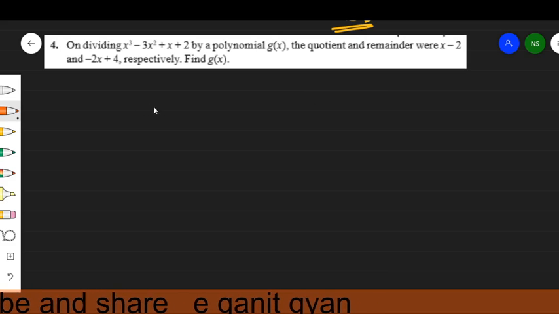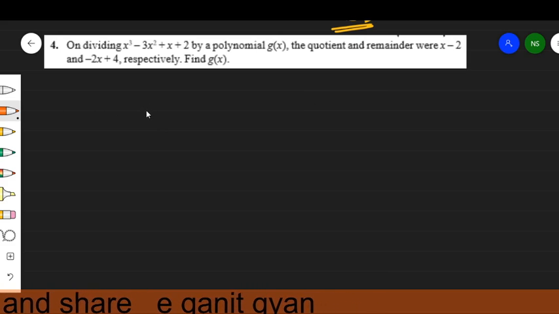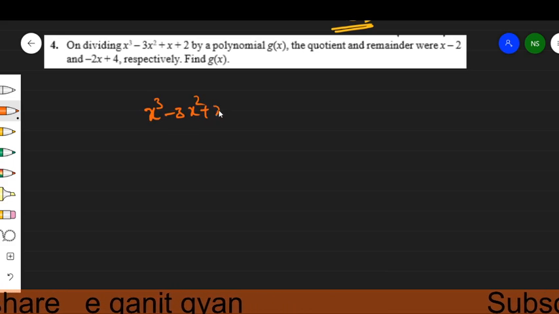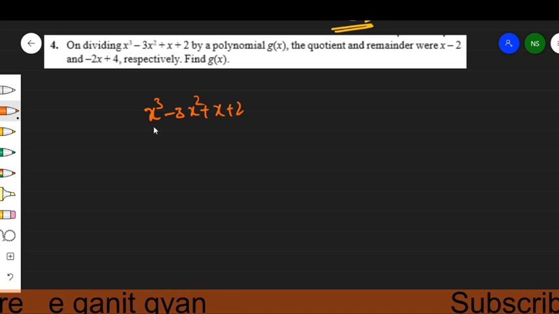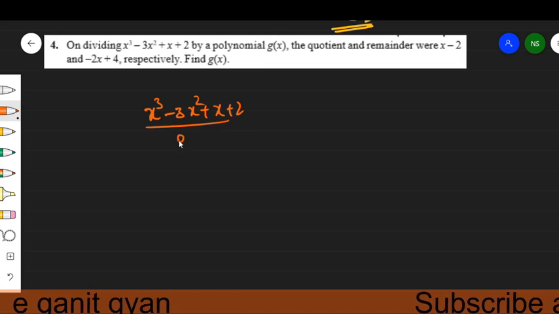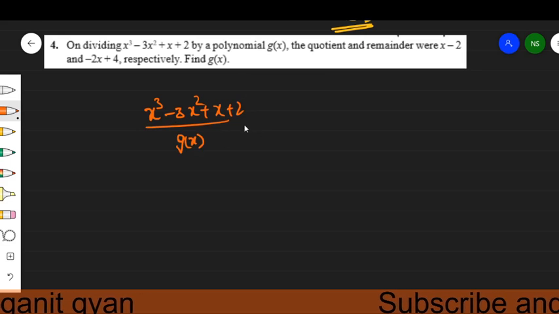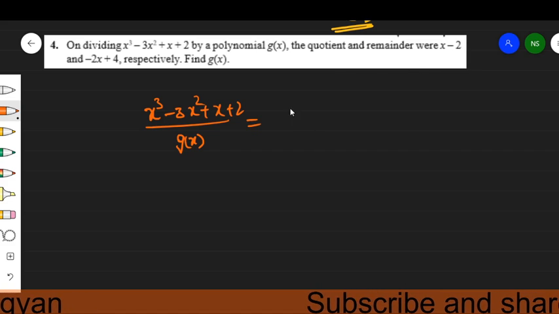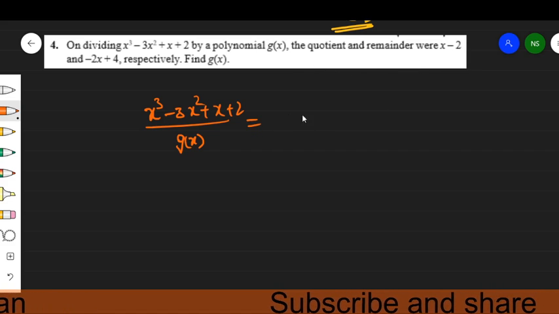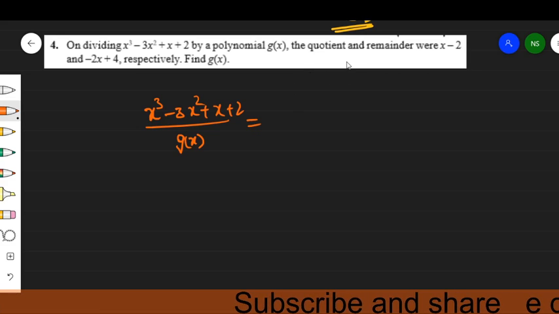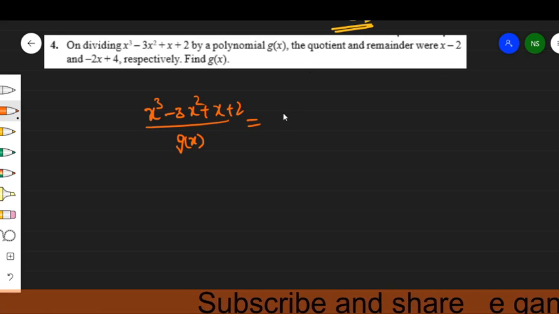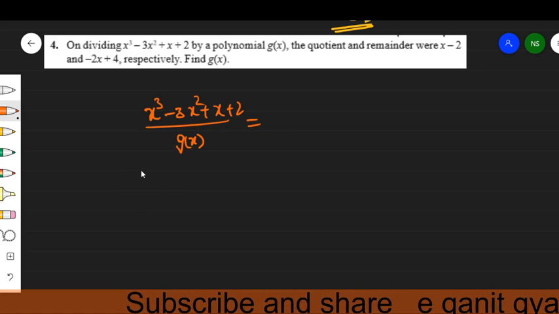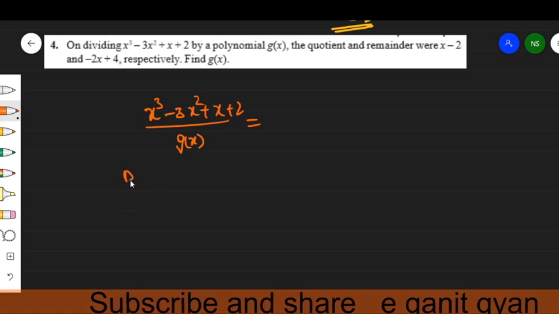They are saying that they are dividing x³ − 3x² + x + 2 with some polynomial g(x). We don't know the g(x) polynomial. They are getting the quotient and remainder like this. How can we write? Actually, by the division algorithm, what can we write?